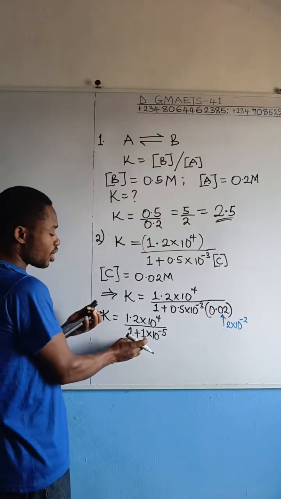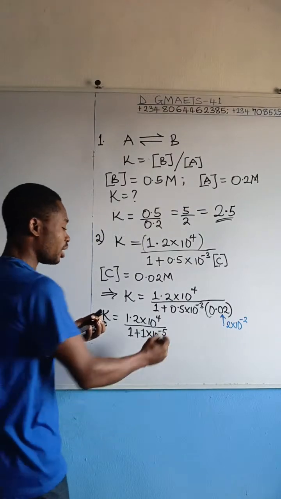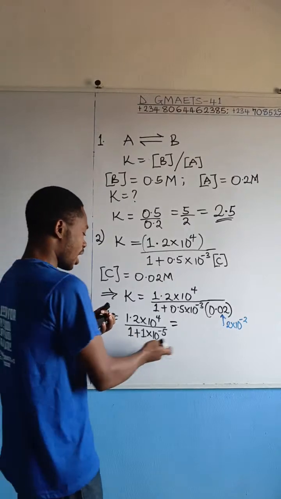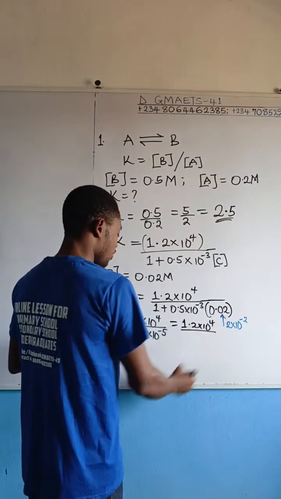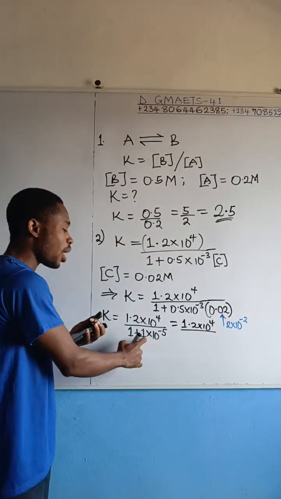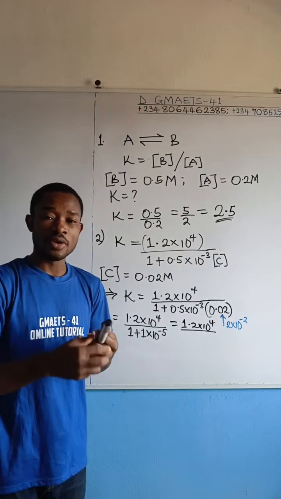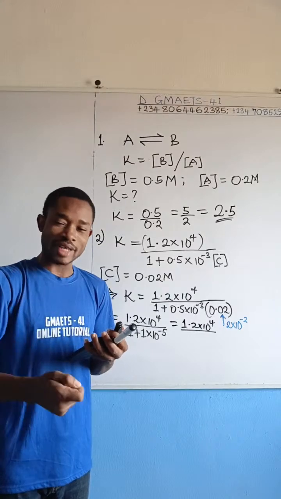So from here, we are going to add this 1 to 1 times 10 raised to the power of minus 5. This is the fastest thing I can do per se. Are you following, right? I would rewrite this as 1.2 times 10 to the power of 4 divided by this 1 times 10 to the power of minus 5, which is the same as 0.00001.